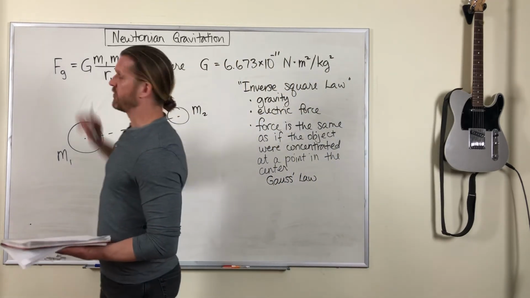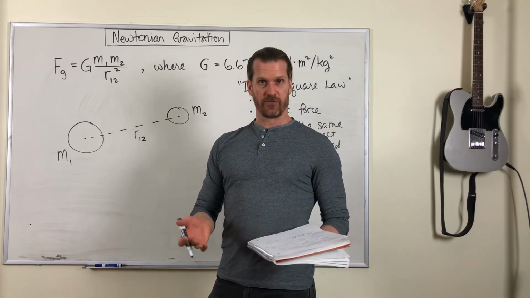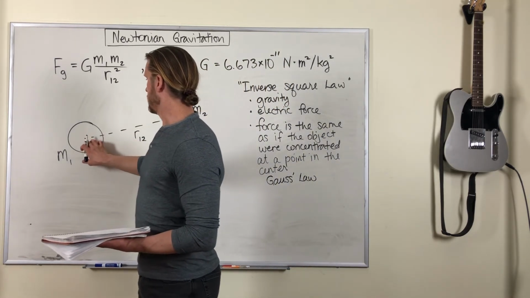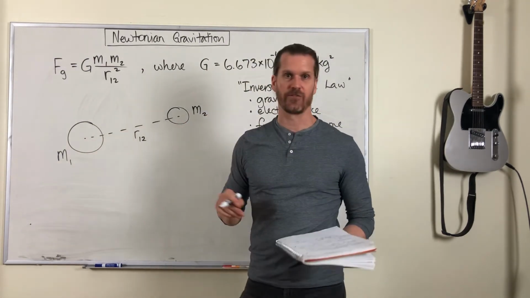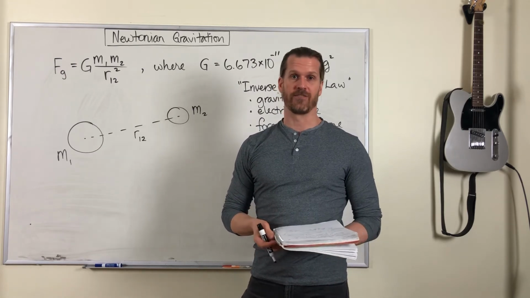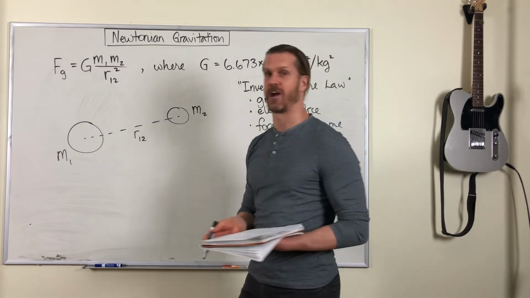So this is the magnitude of the gravitational force. Let's think about the direction of it. It's directed along the line that connects those two objects. And gravity is always attractive. Objects never repel one another with gravity. They always attract.